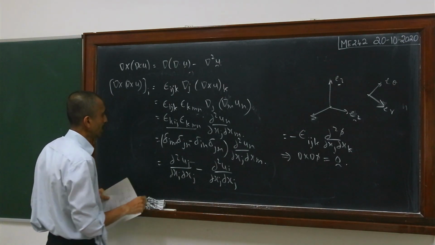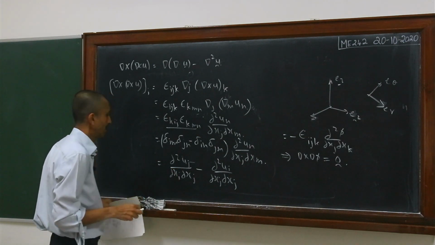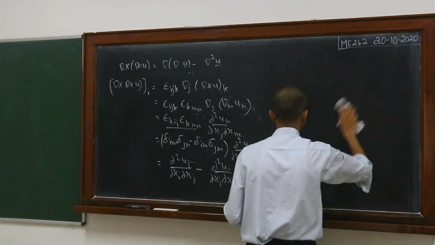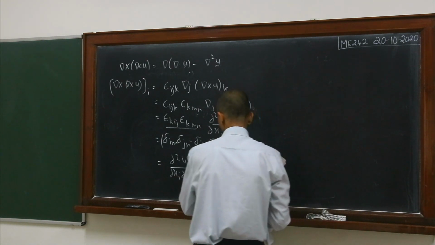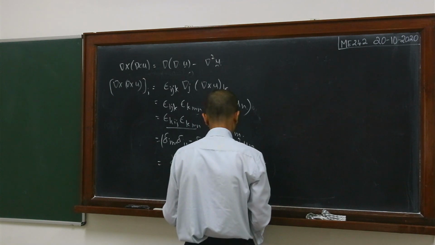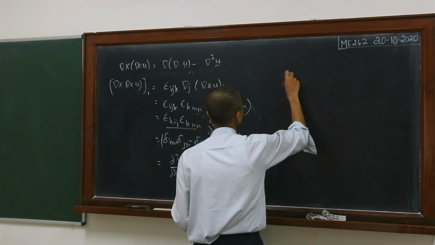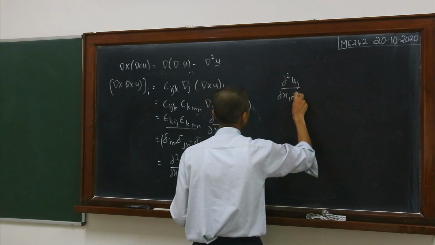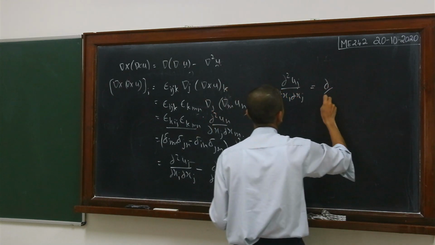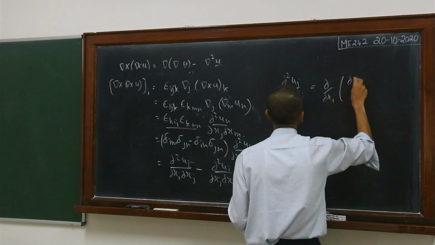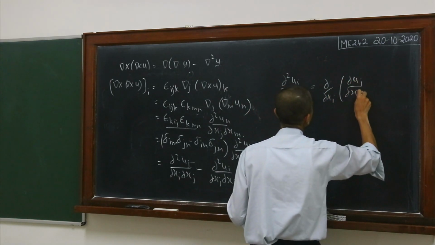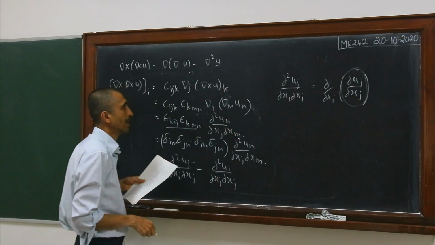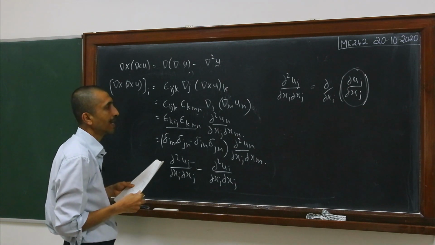Now you can see that this object, let me rewrite it here. I can write del square uj by del xi del xj as del by del xi of del uj by del xj. And this is nothing but del dot u, because del uj by del xj is just the trace of del u itself.